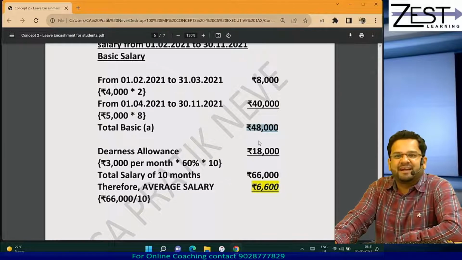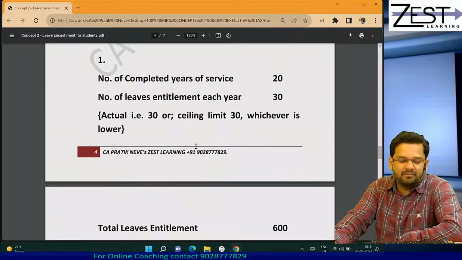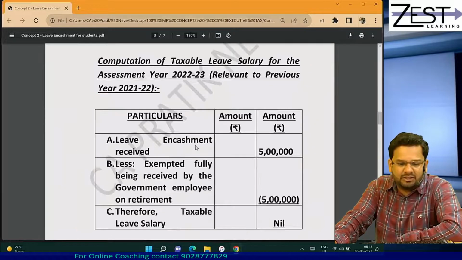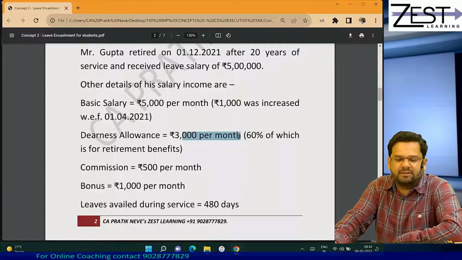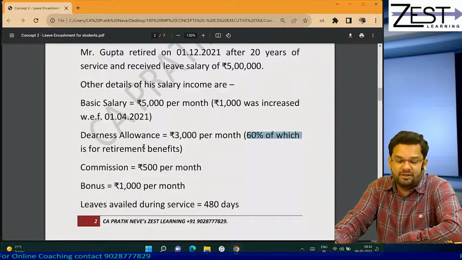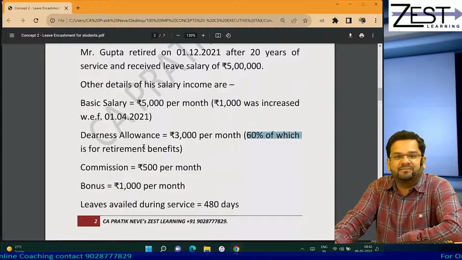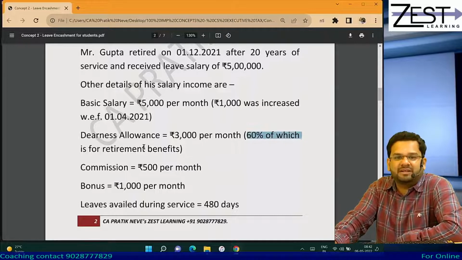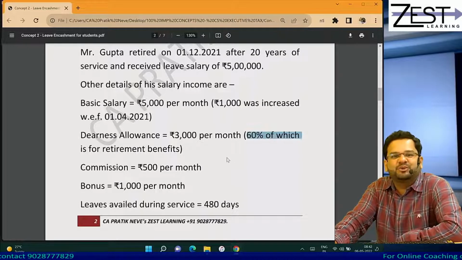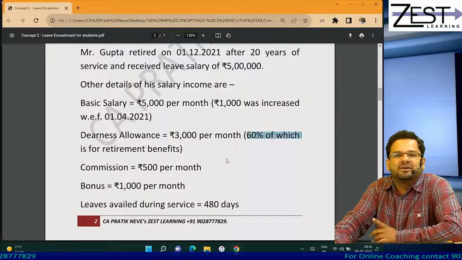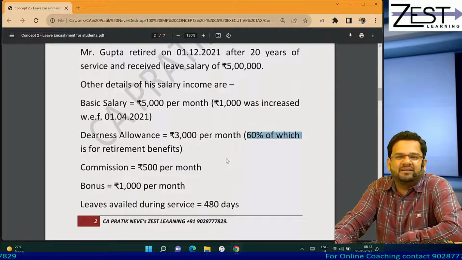Agreed? Now take the dearness allowance, which is as per terms of employment. The dearness allowance, you can check in the sum, is 3,000 per month, but out of which 60% is for retirement benefits. So 3,000 into 60%, how much? 1,800. 1,800 into 10 months, 18,000. So your salary for the purpose of this leave encashment becomes 48,000 plus 18,000.